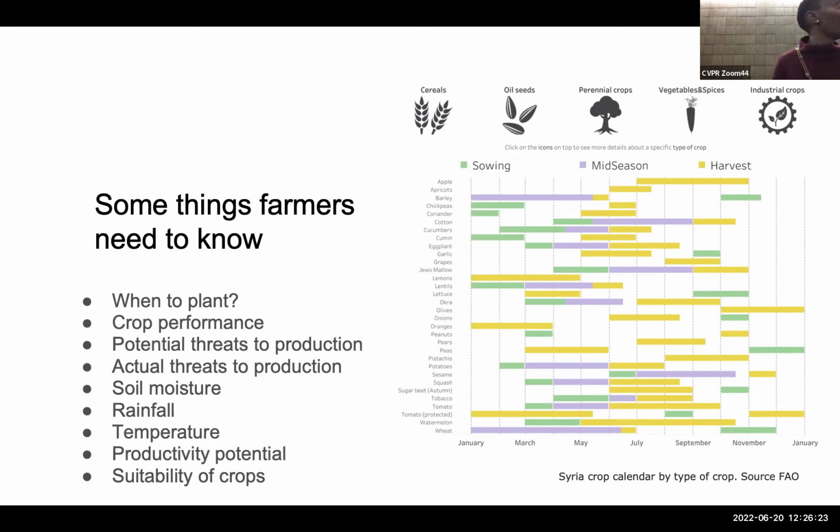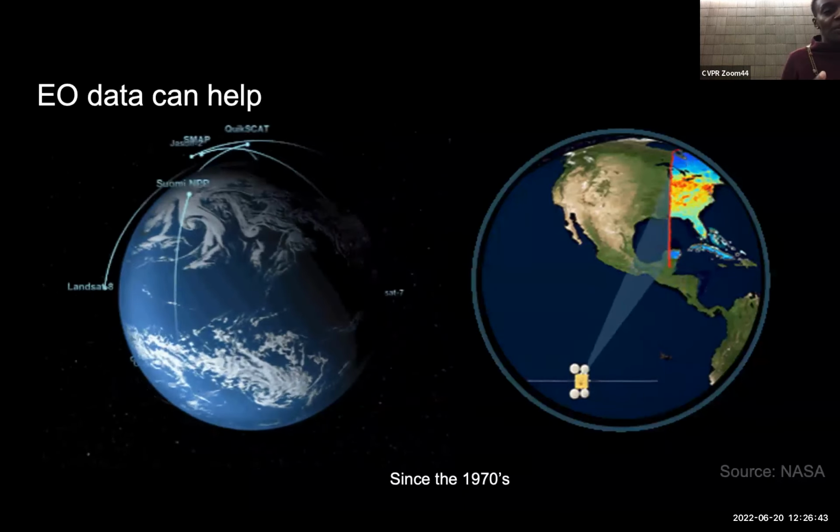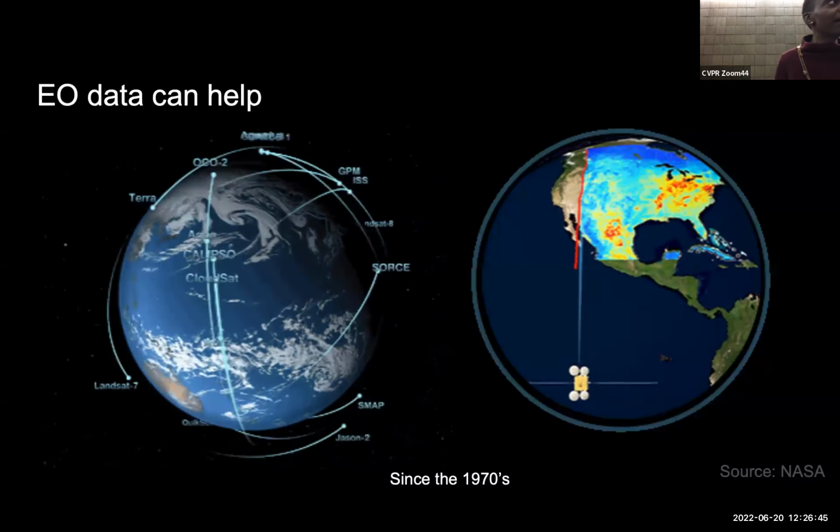And some of the other things that you might want to look into if you're a policymaker is the potential for the future. You might want to look into whether crops are suitable or if they will be suitable given changes that might unfold in the region. And this is where satellite data becomes really interesting. As Hannah showed, we have these satellites orbiting the Earth.